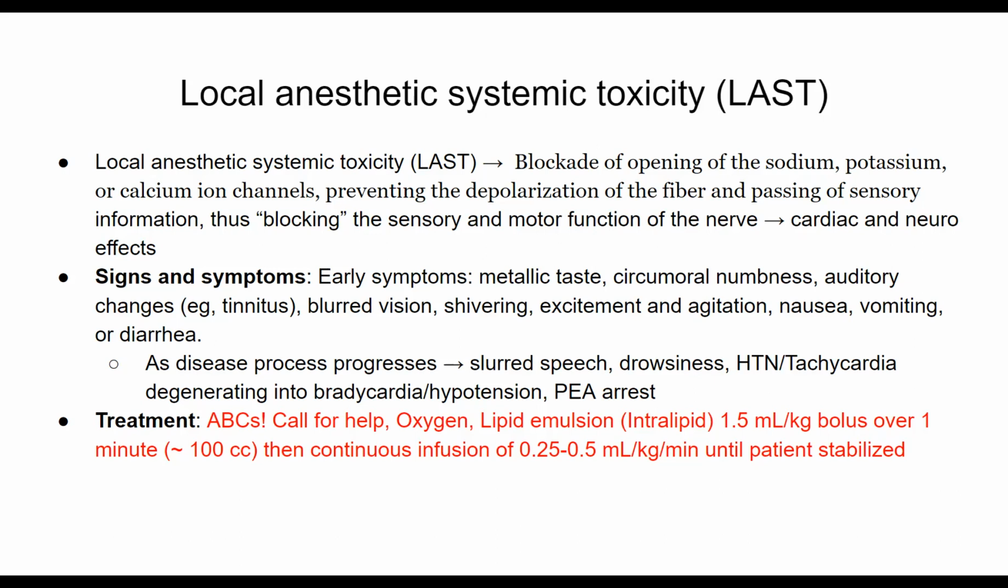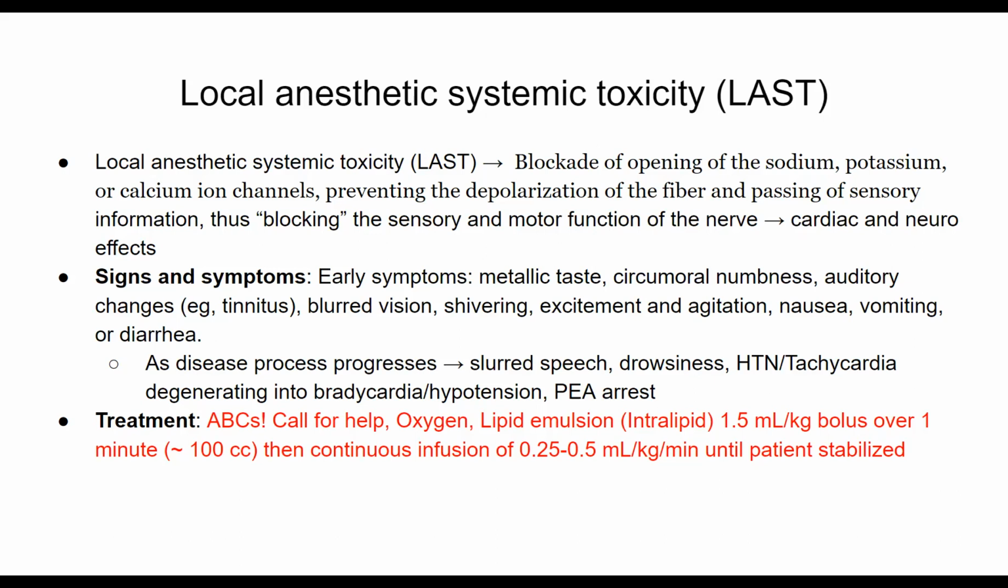So early signs are what she's experiencing: metallic taste, numbness around the mouth, auditory changes. These are all neurologic changes, right? It's sensory changes, taste changes, blurry vision, some excitement or agitation right off the bat can occur.